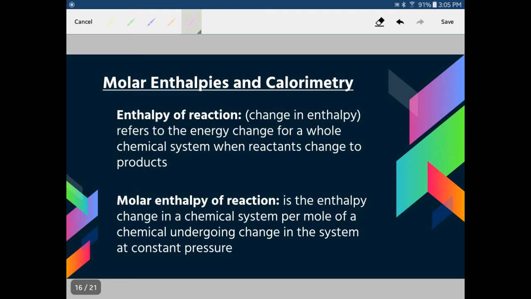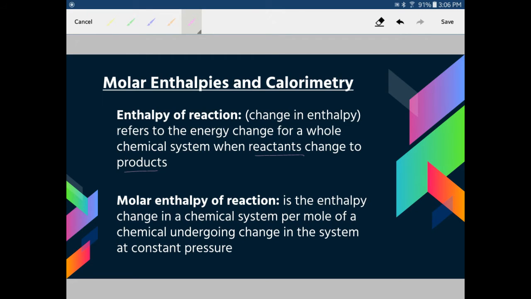Now, what we've talked about so far is looking at the total energy that's been released from a system. Now, we call that the enthalpy of reaction. The change in enthalpy refers to the entire energy change for the whole chemical system, okay, when our reactants change to products. So that's just the enthalpy of our products minus our reactants. That's essentially all we're talking about here.